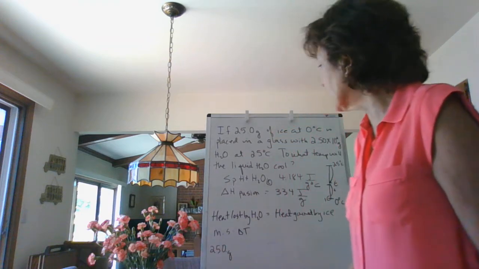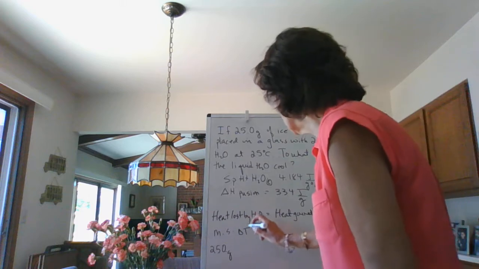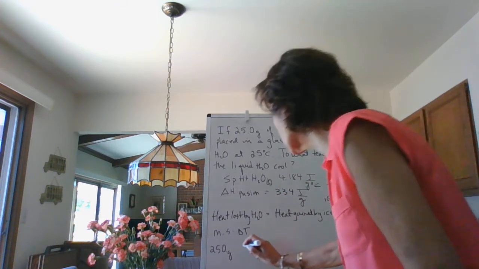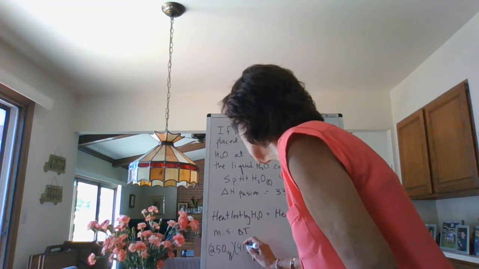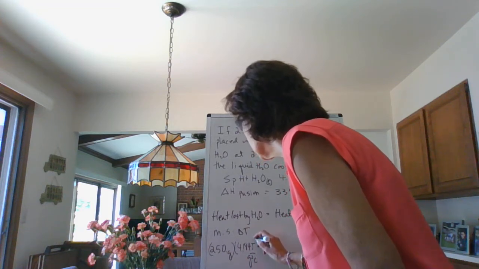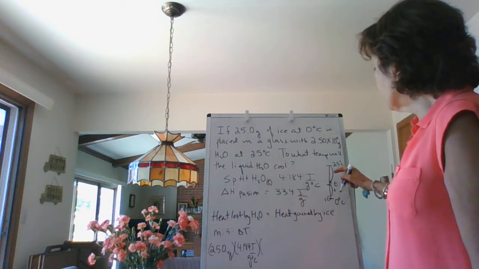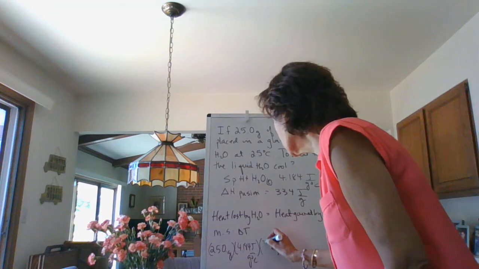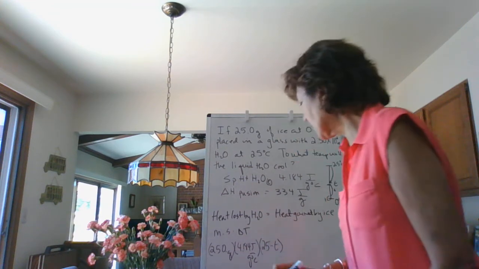I'm putting a dot here so that we have 3 sig figs. The specific heat of water, they've given it to us to 4 sig figs, so we'll go ahead and use that: 4.184 joules per gram degrees Celsius. And the delta T is 25 minus T. We don't know what that final temperature is. So 25 minus T. Okay.